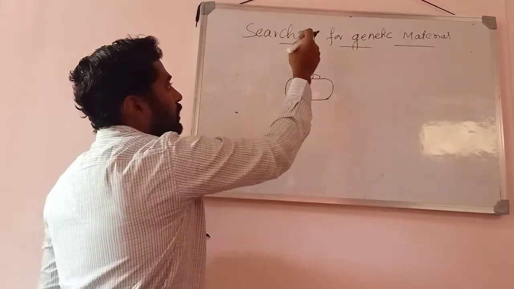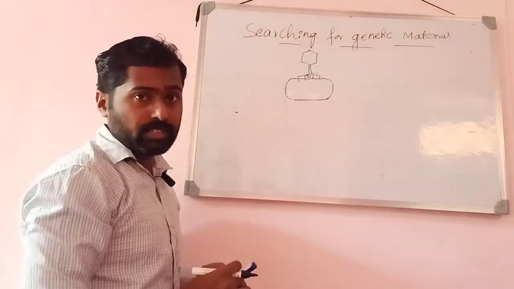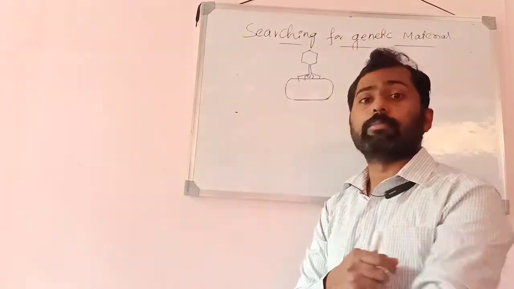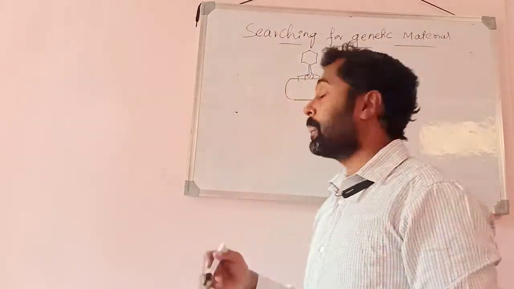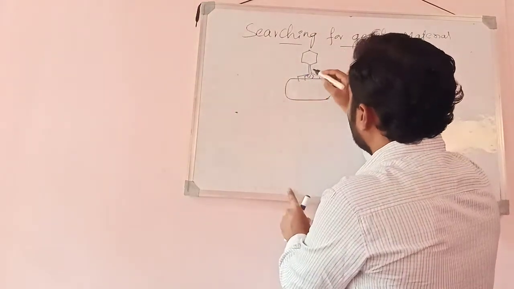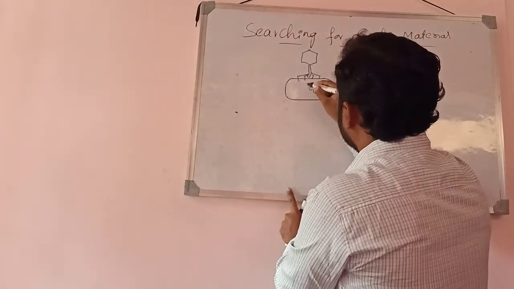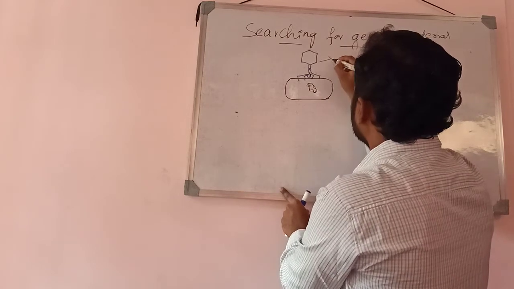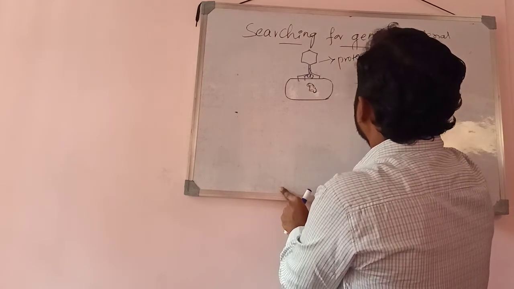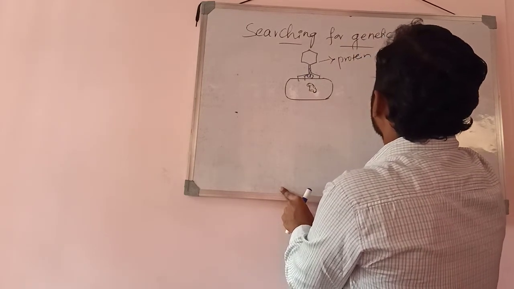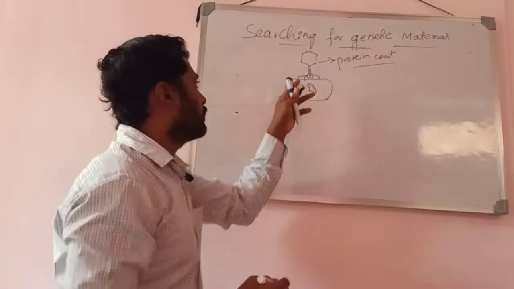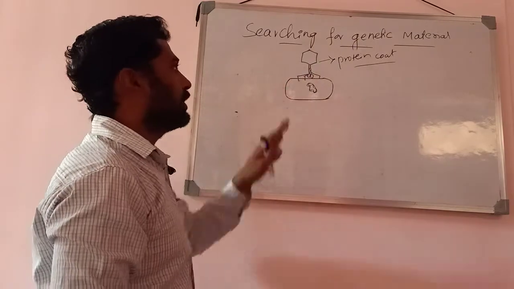You have studied transduction, the method of DNA transfer from one bacterial cell to another mediated by a bacteriophage. The DNA from the bacteriophage enters into the bacterial cell, and the protein coat remains outside. Only the DNA of the bacteriophage will enter.